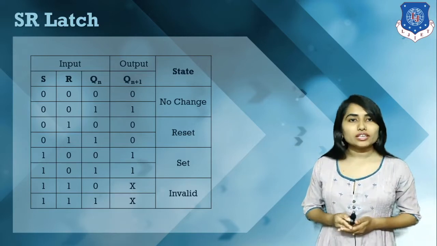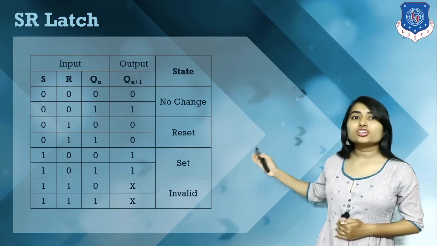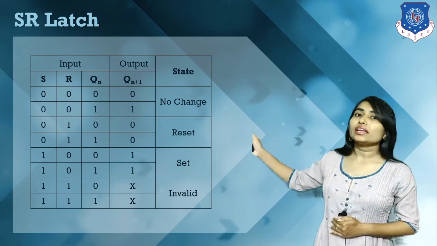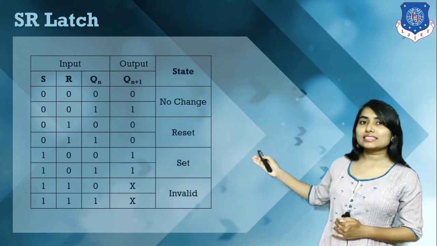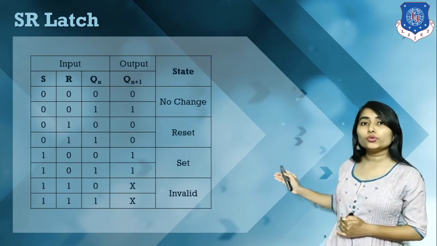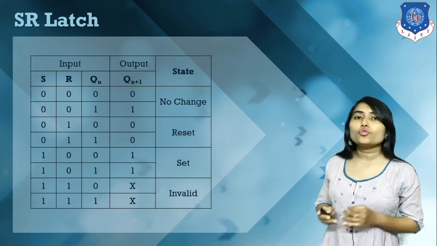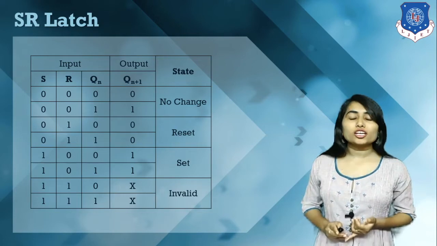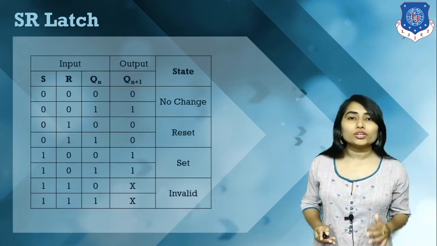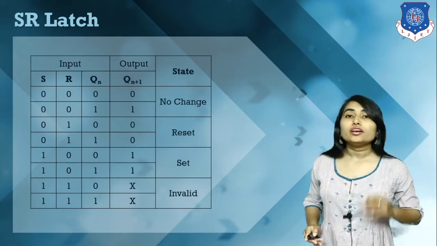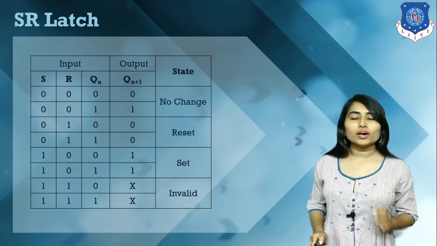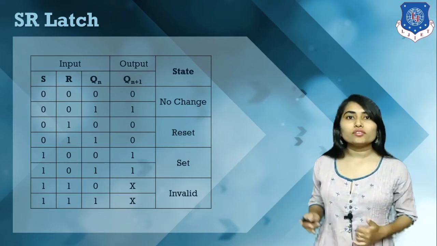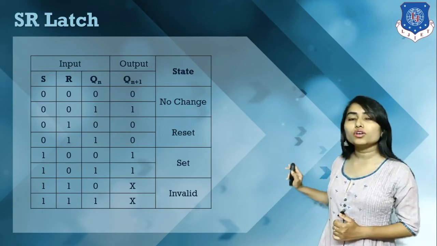Then the next condition is 1, 0, that means S is equal to 1 and R is equal to 0, so the output is 1, 1. This is a set condition: whatever the past output, either 0 or 1, for S equal to 1 we have Qn plus 1 equal to 1.